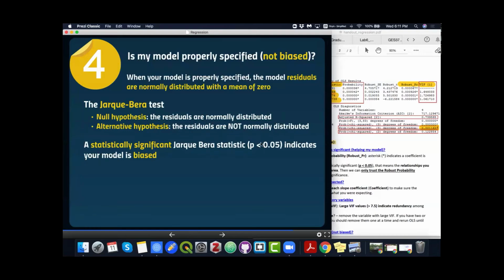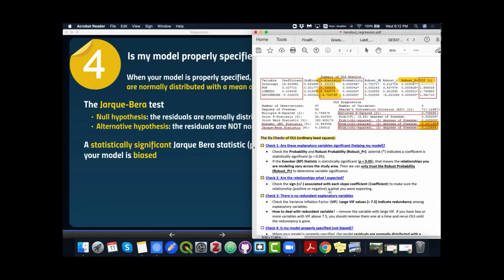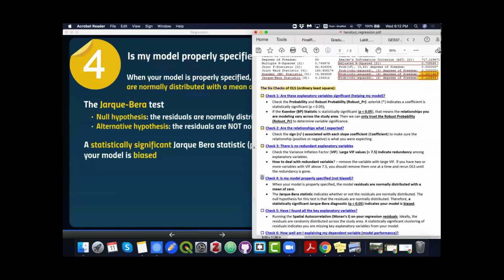Because when your p-value is small, we reject the null hypothesis, which means it's going to be a problem. It's going to be biased. Looking at the JB statistic, only the last number represents the p-value, and you can see it's insignificant. That's great, which means our model is not biased. So we passed check 4.